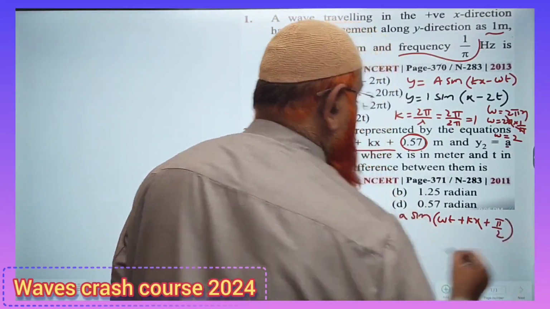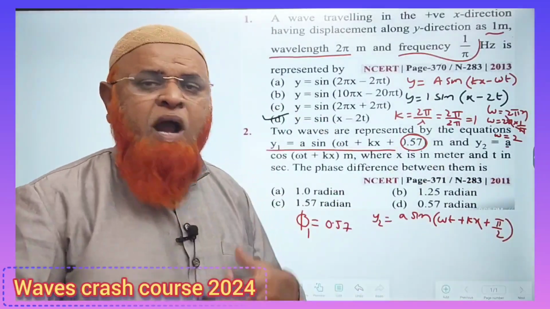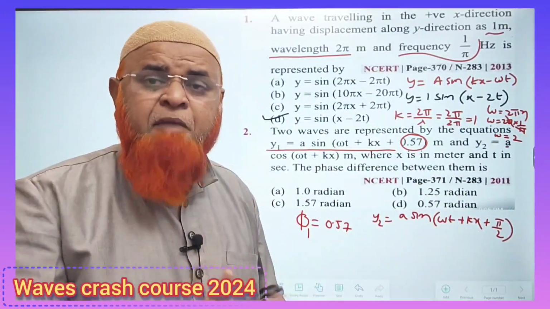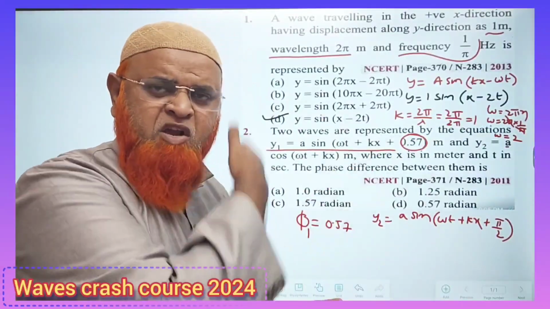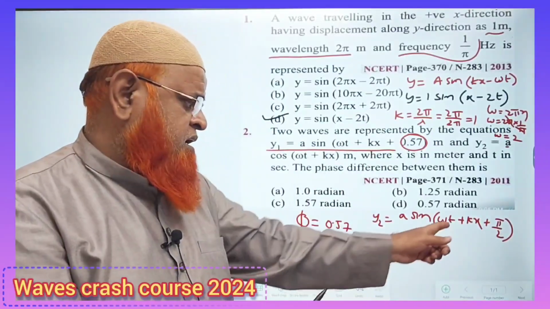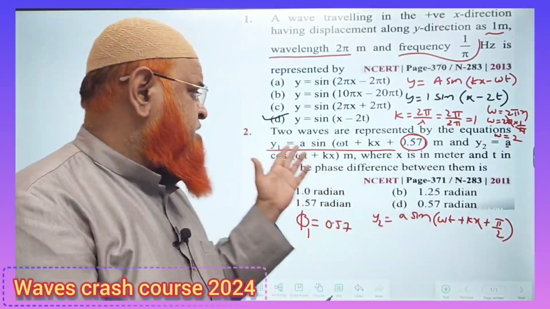That's it. If you want to change an equation of cos into sine, you need to add pi by 2. Because sine theta plus pi by 2 is going to be cos theta.